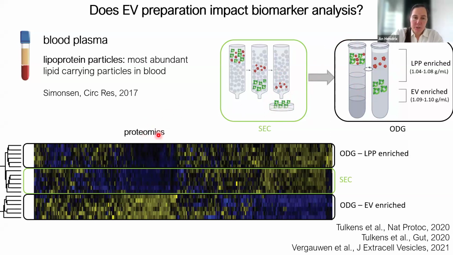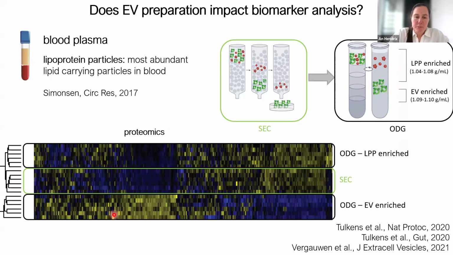For this proteomic analysis, we then decided to compare the sample that elutes from the size exclusion chromatography column to the sample that we find on top of the density gradient, which would mainly consist of lipoprotein particles, and to the sample where we presumably identify enriched extracellular vesicles.